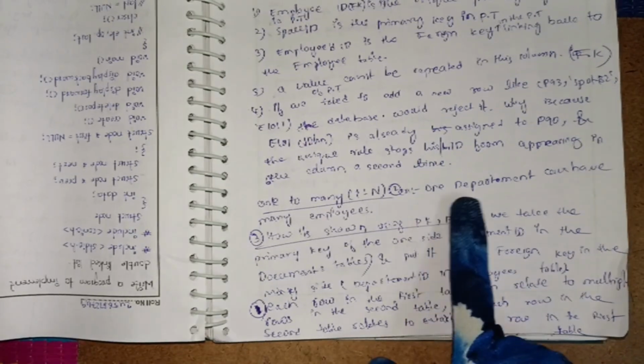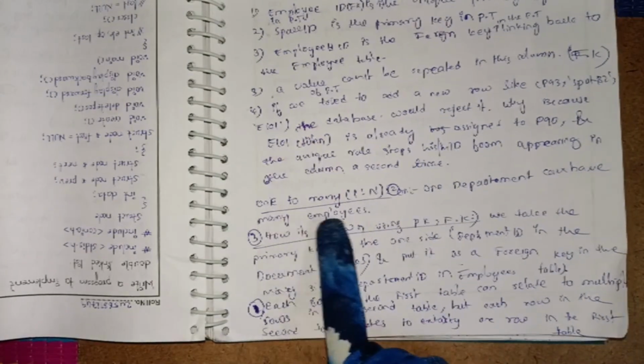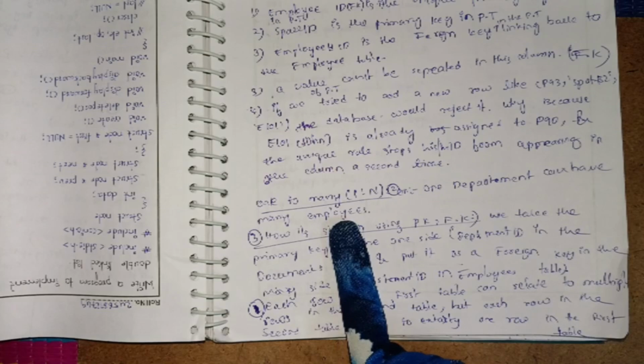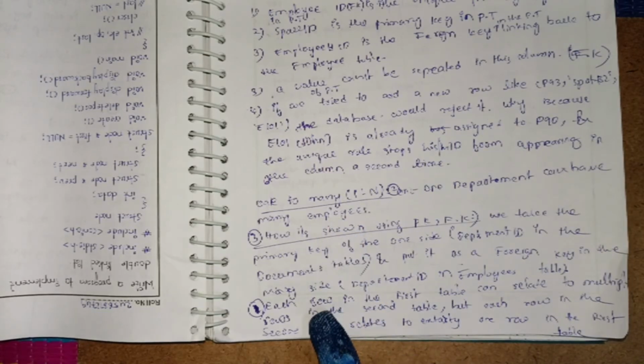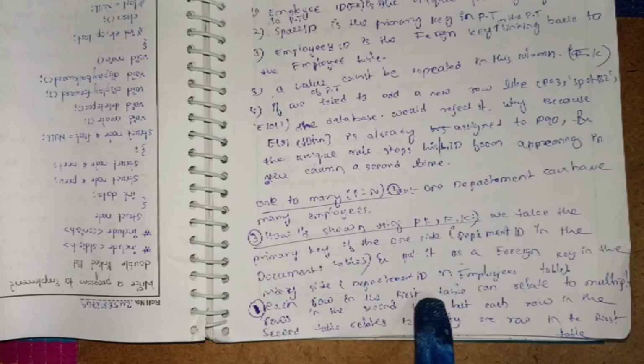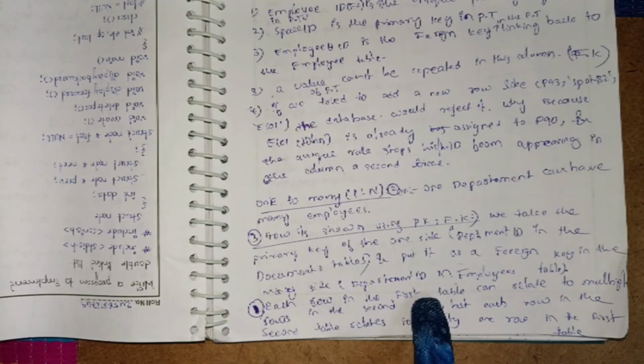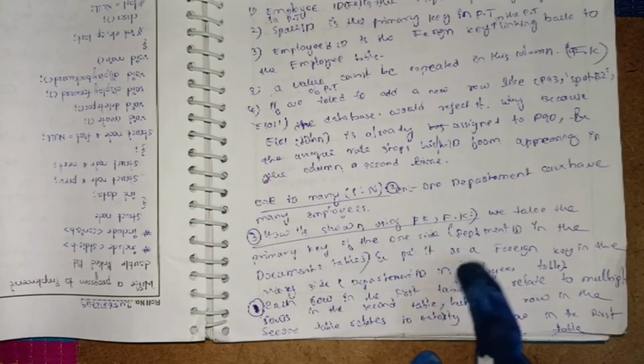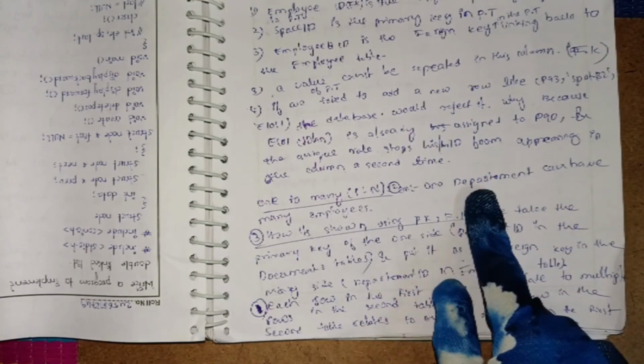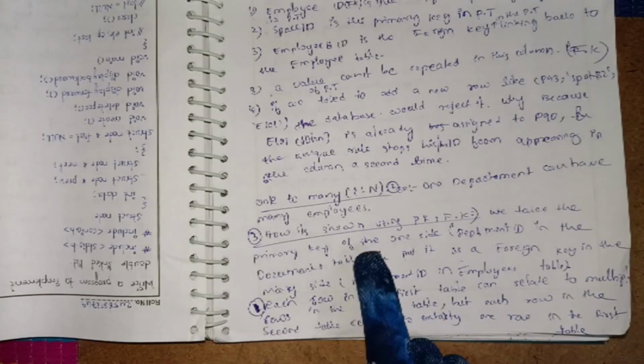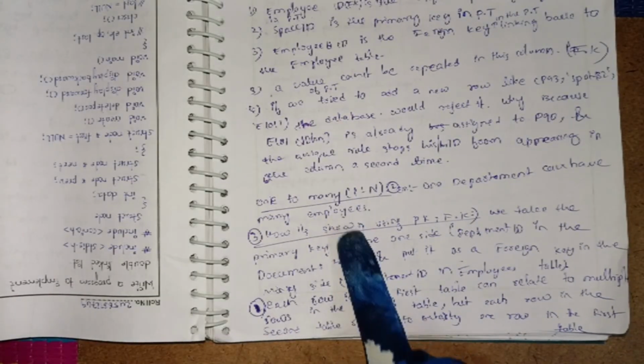An example is one department can have many employees. Here the first table is the department table, and the second table is the employee table.